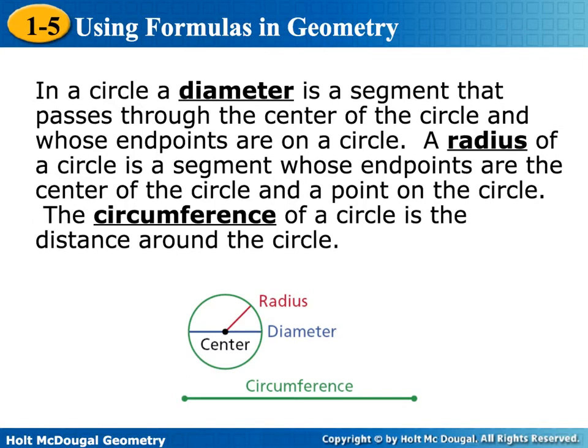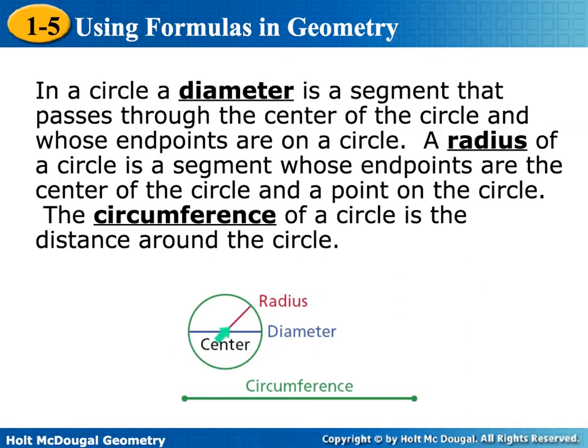Okay, so our next word is diameter. The diameter is the segment that passes through the center of the circle and whose endpoints are on the circle. Your third buzzword is radius, and for that you can just put it's half the diameter. You're all familiar with circles, at least to the basic extent of what a diameter and a radius is. So the one that goes all the way across is the diameter.